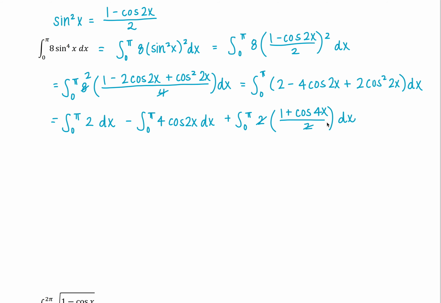So now I am ready to go. I can integrate this thing across the board. For the first one, when I integrate 2, I'm just left with 2x, and we'll evaluate that from 0 to pi. Here, cosine 2x, remember it's going to be cosine 2x times 2 dx, because you would need to have the derivative of that 2x as well.